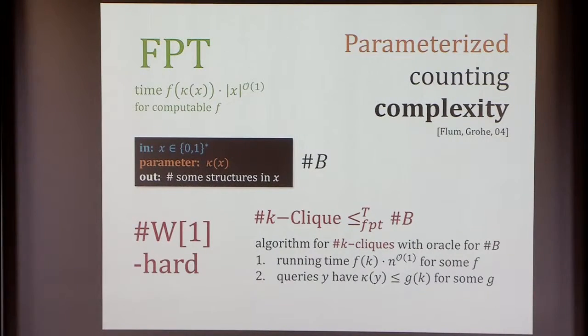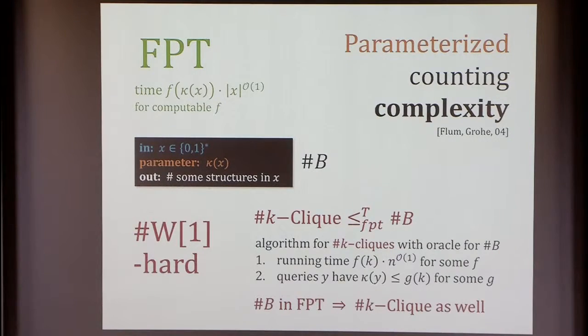So if you want to solve an instance of counting k-cliques, you want to do this by calling the oracle only on instances where this target parameter kappa is bounded by a function of k. That's just the thing. And you need to enforce this because otherwise you don't get closure of FPT under FPT reductions. And that's, of course, something you need to do complexity theory.